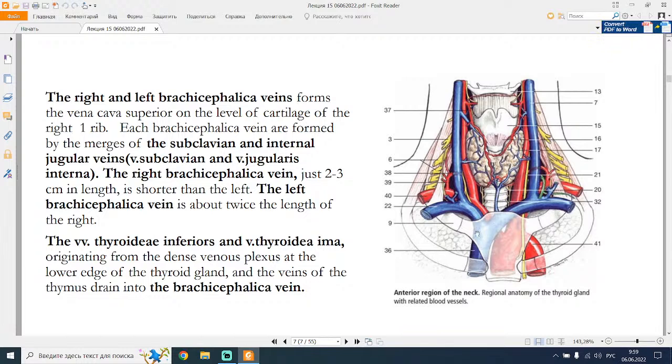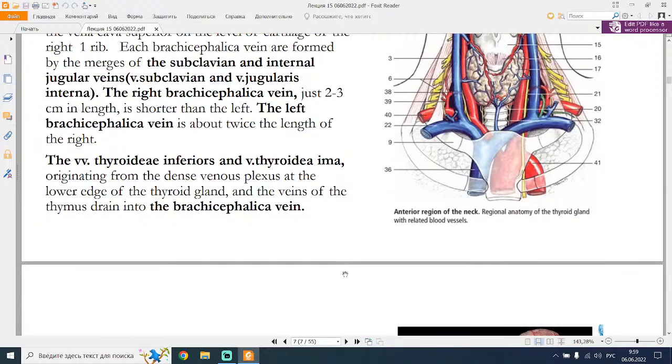The veins of the thymus drain into the brachiocephalic vein. Right and left brachiocephalic vein.